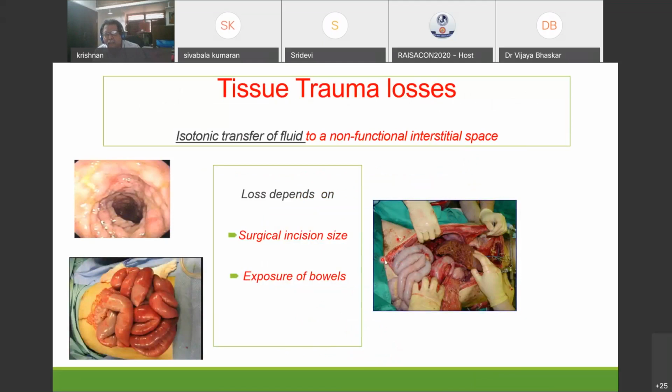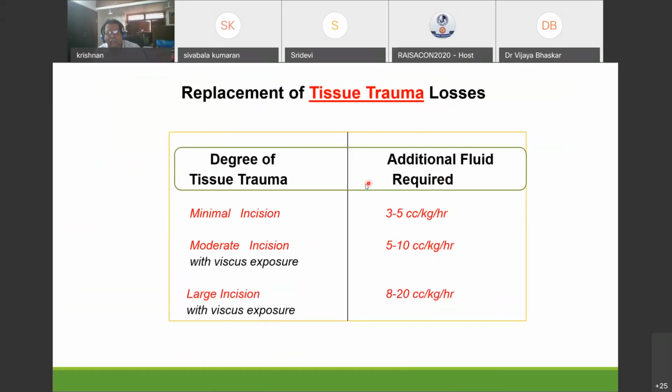Then we said tissue trauma loss. It depends on the size of the patient's surgical incision and the exposure of the contents. So based on these two factors, they said a minimal incision or moderate incision or severe incision. They said you can add 3 to 5 cc per kg per hour, 5 to 10, or 10 to 20, maximum for a larger or a major surgery will be 20 cc per kg per hour for tissue trauma loss.